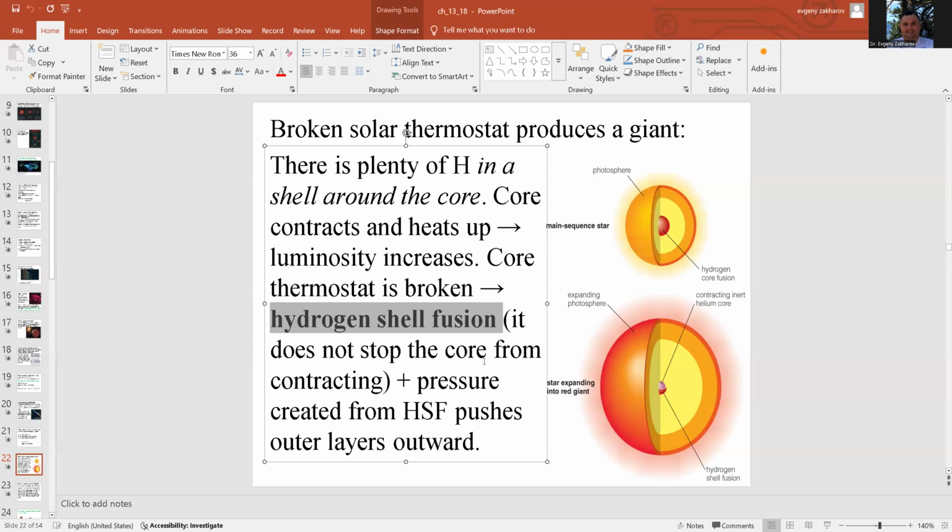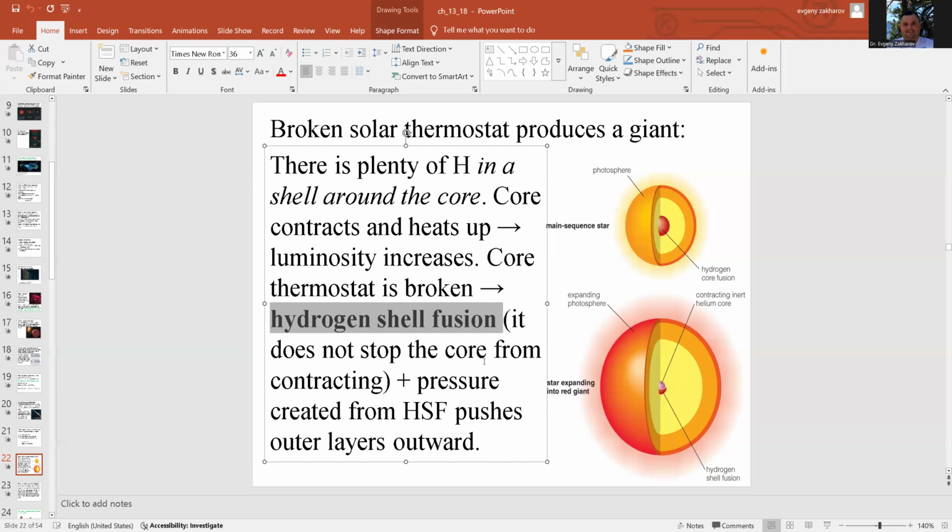And what's even more important, all that extra fusion that starts outside of the core just forces the outer layers to move outward, and that's how the giant is produced. The giant phase is the phase when you can't really control that extra fusion energy produced from fusion reactions, and outer layers expand.